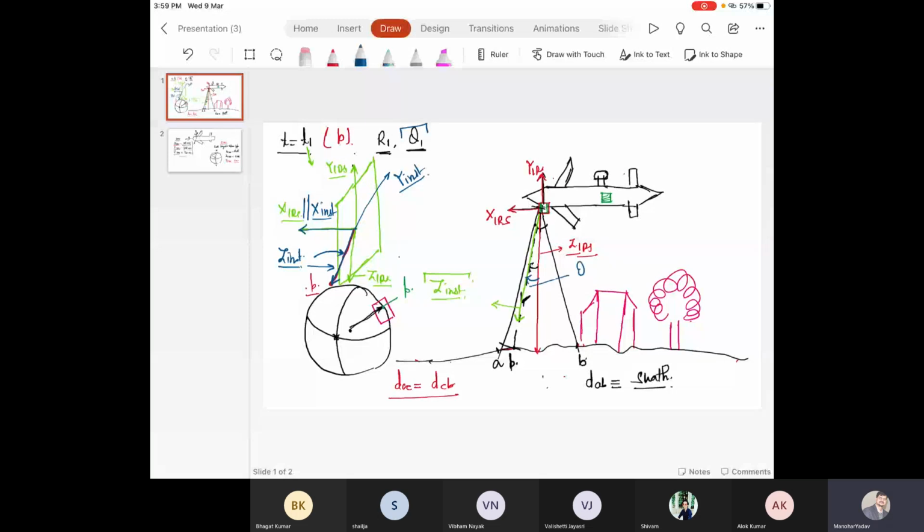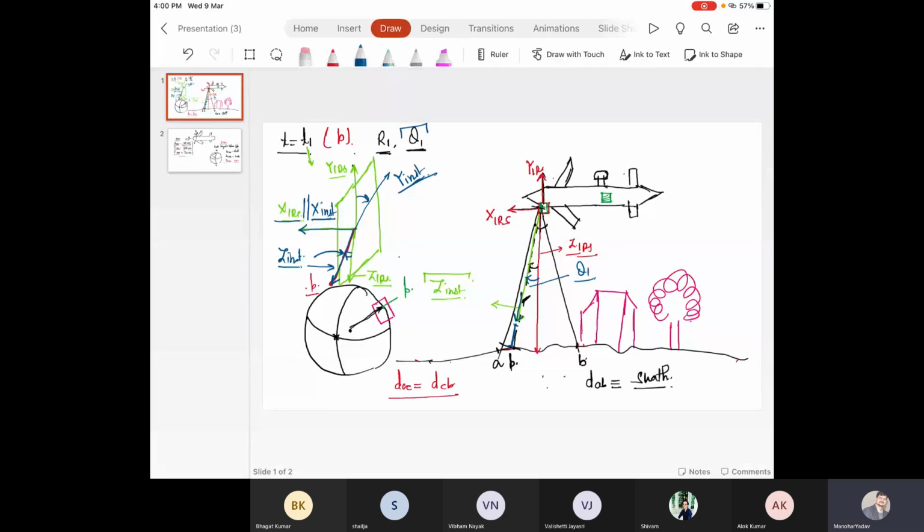And what we are doing, we are considering along the laser vector the z instantaneous. So obviously there will be rotation. It is rotated, then there will be a same kind of angular separation between y IRS and y instantaneous. But x instantaneous is parallel to the x IRS. What does this mean?